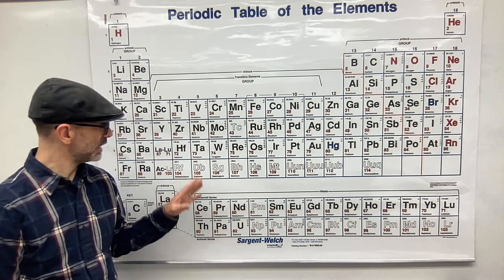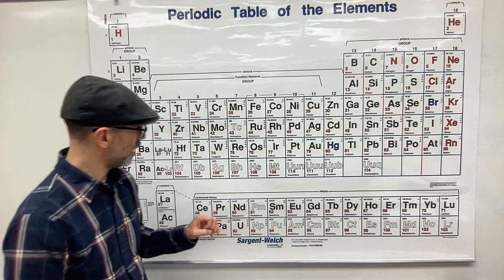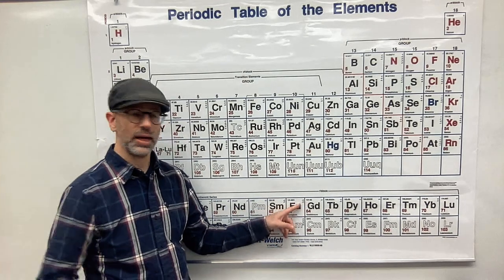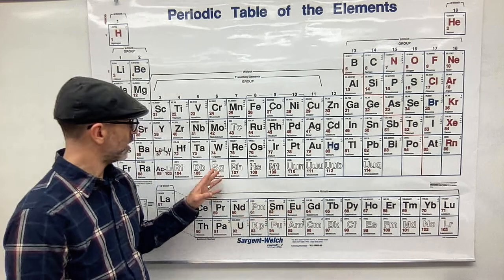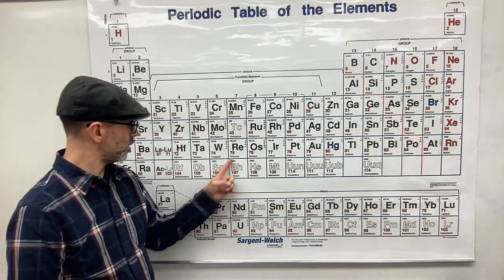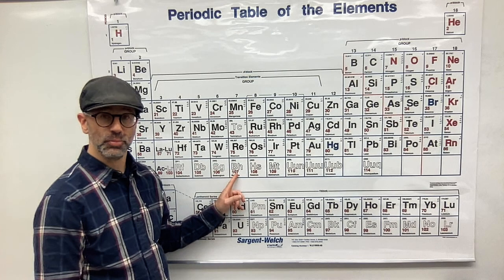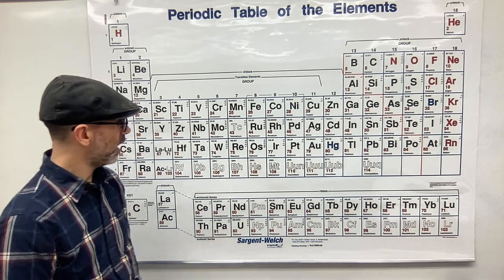So you'll see here that Eu is europium, so named after Europe. Here we have Bh is bohrium, named after the famous scientist Niels Bohr.